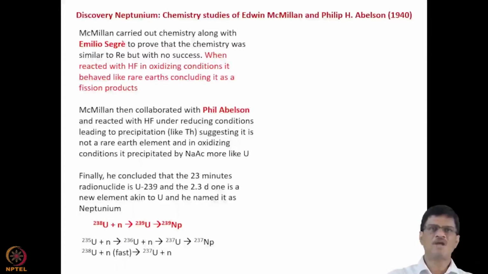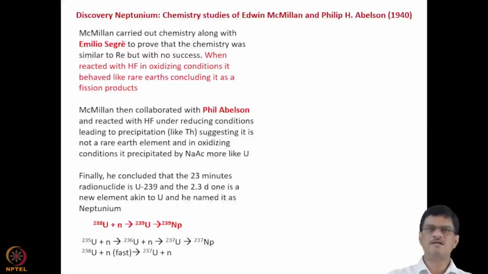But after some time, he collaborated with Phil Abelson. The same experiment was carried out in reducing conditions instead of oxidizing conditions, and what he observed was that precipitation of this new element was possible, like thorium. So he suggested that it is not a rare earth element and is probably a different element.